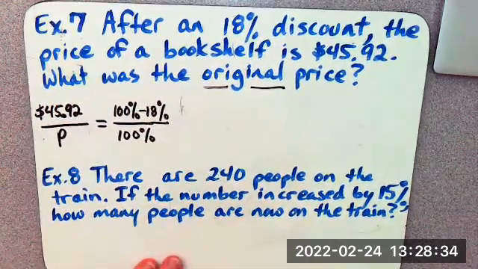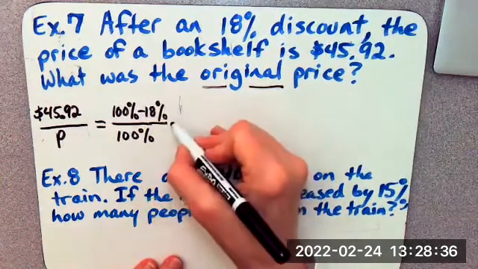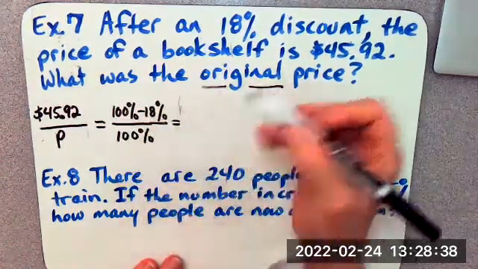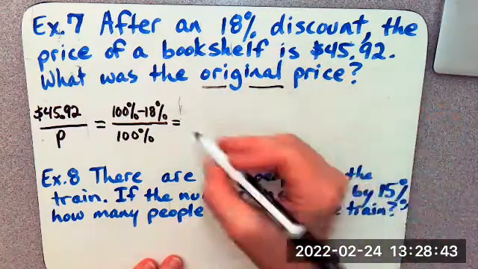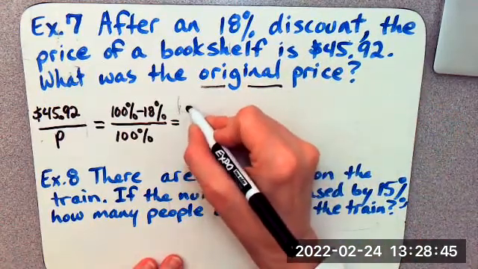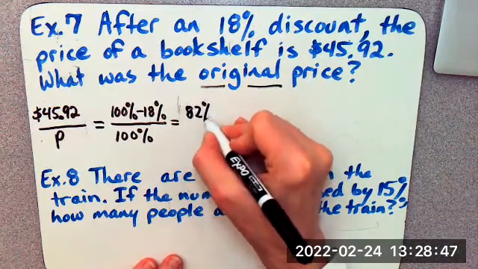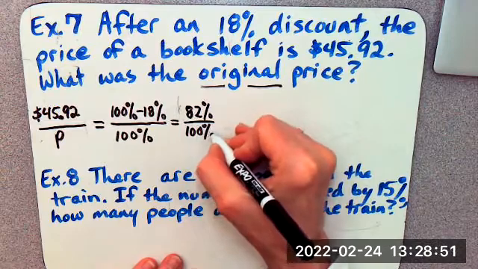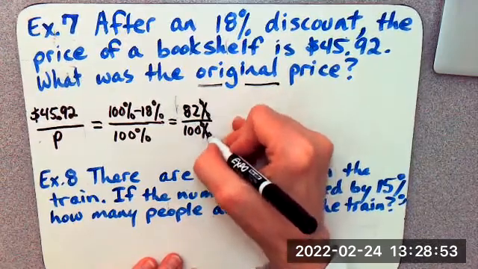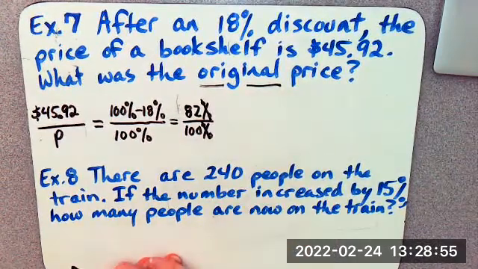Okay, so we need to figure out what 100 minus 18 is. So it's almost 100 minus 20, which is 80%. So that's 82%. And the percents are going to cancel because it's top and bottom. So that's what we have.